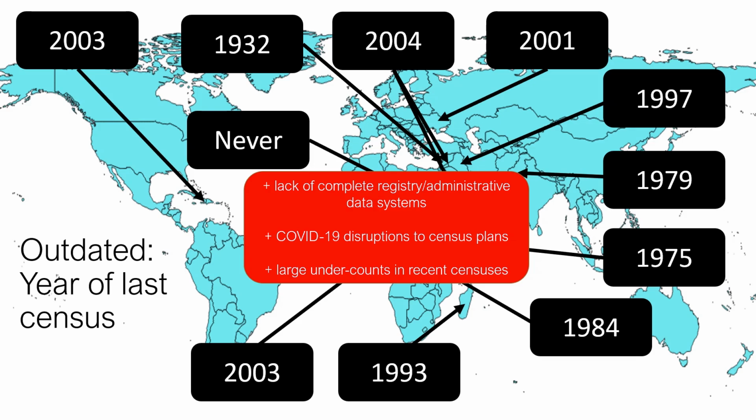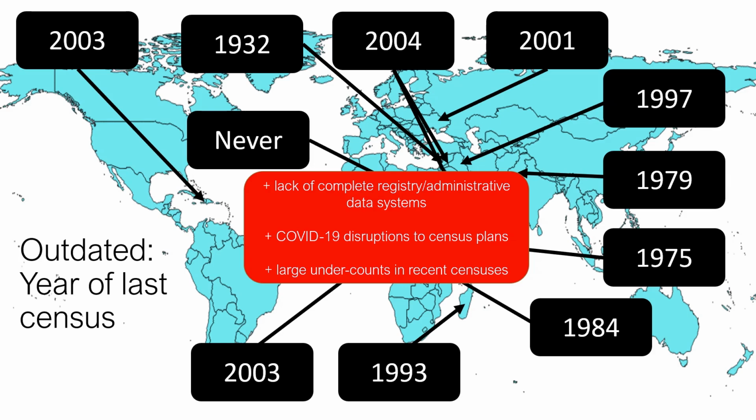There have been disruptions to the 2020 round of censuses because of COVID, stopping door-to-door enumeration. And in some of the censuses that have been done, we've seen large undercounts that have caused problems and questions about the quality of the census data.